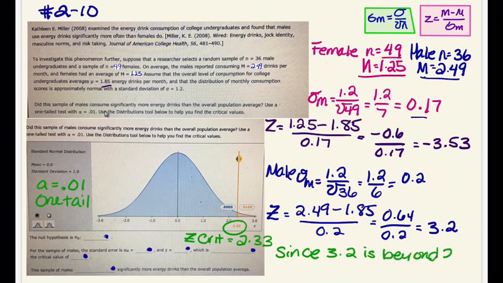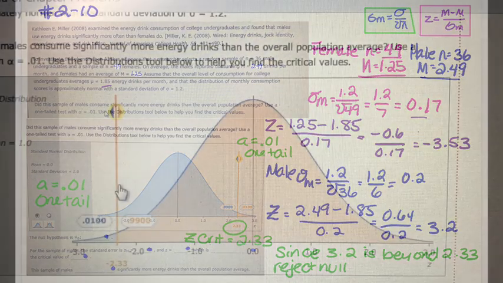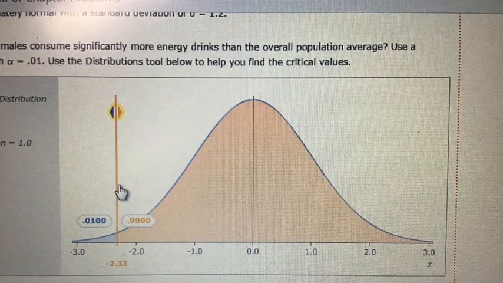Since the Z we came up with for the males is 3.2, that's beyond 2.33, so we will reject the null because the males drank significantly more than average. For the females, though, we want to know if they drank significantly less than average.